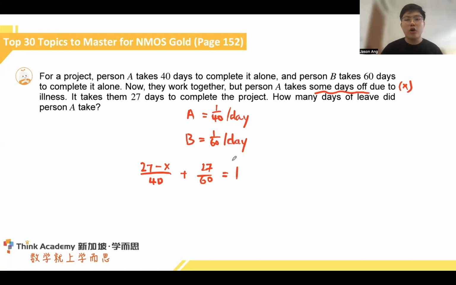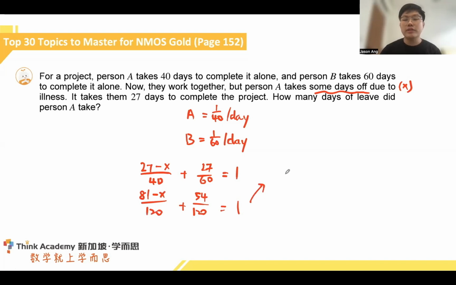So as usual, all we need to do here is form our equations, and from here we can determine the value of X. So it's just like your typical fractions. We want to combine them together. 120, 120, this is still 1. We multiply by 2 for the second fraction. We multiply by 3 for the first, 81 minus X. And we combine all these together.